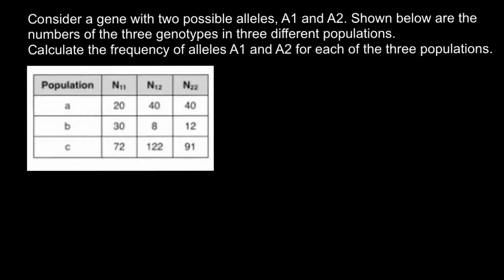Basically, we can multiply these numbers of individuals by 2, because each individual would have two alleles A1 here. But we can eliminate this step, because if we multiply all three numbers by 2, the proportions between them would stay the same.